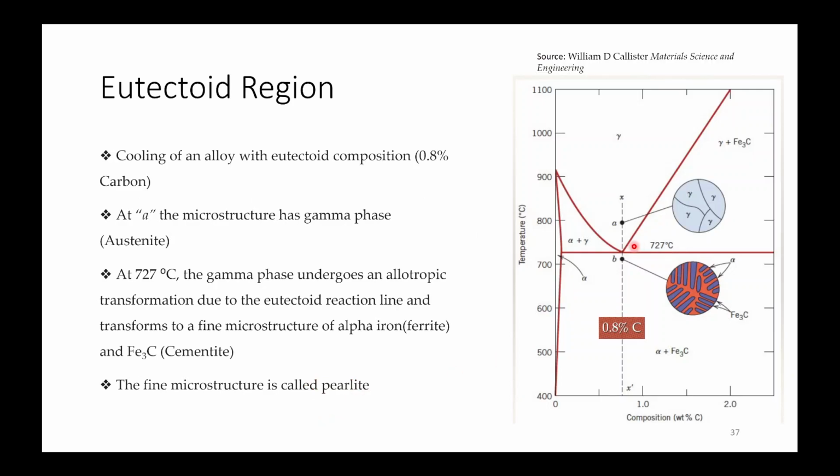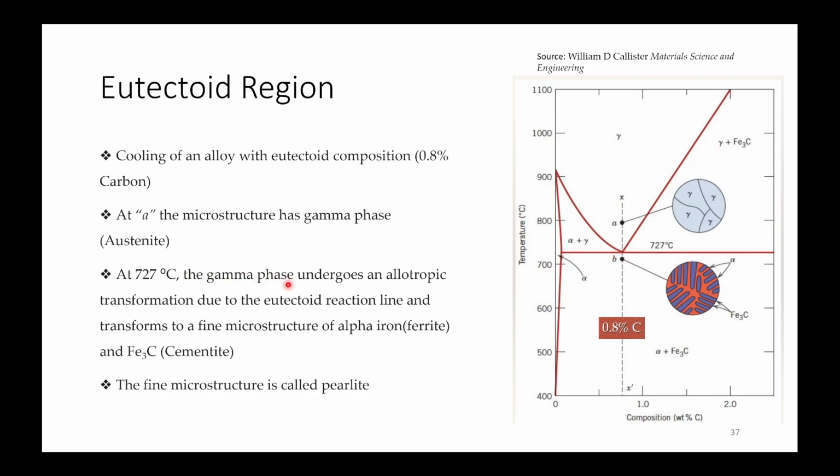Eutectoid region. Now in this case, on cooling an alloy with eutectoid composition, which is 0.8% of carbon, at A your microstructure will be fully gamma iron, that is austenite. After this, at eutectoid composition, it will directly convert into complete pearlite.